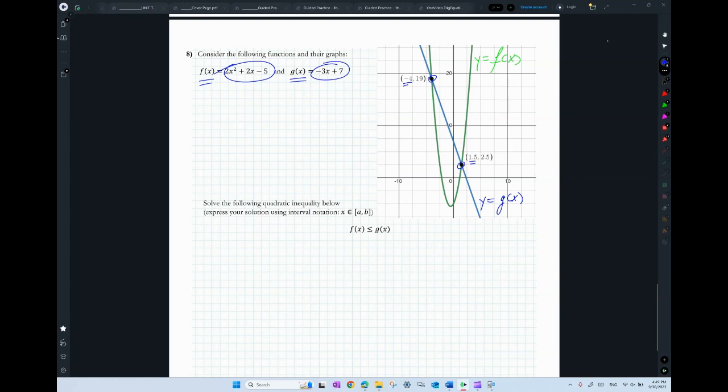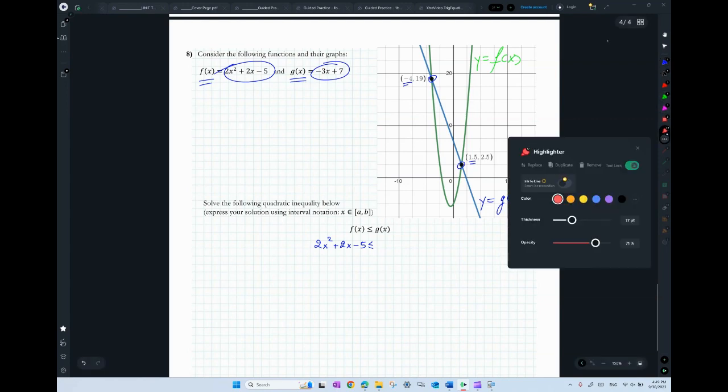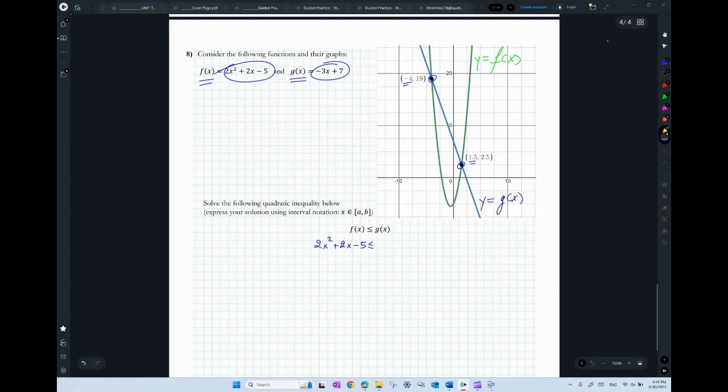So I'm going to write down 2x squared plus 2x minus 5, which is my f of x, and g of x is -3x plus 7.